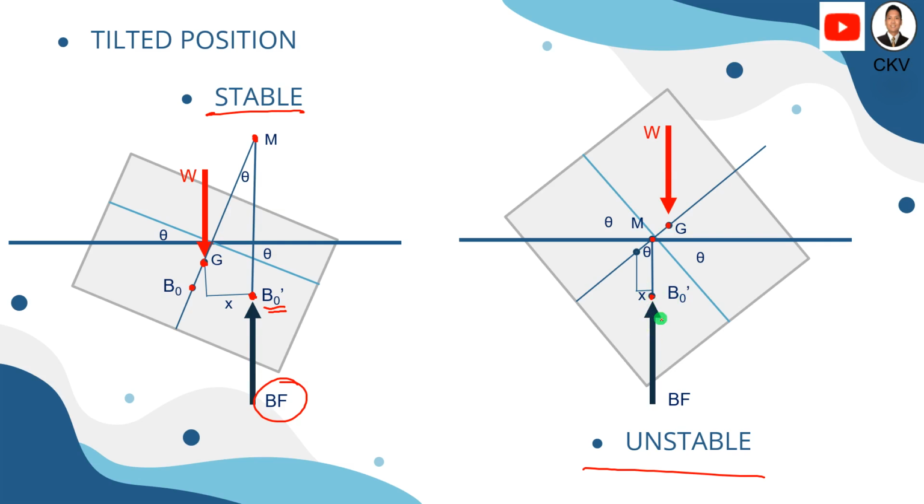The buoyant force is directed towards point M, and point M is below G. So what will happen here is that it will overturn and find another position that will make this floating body stable, a new equilibrium.